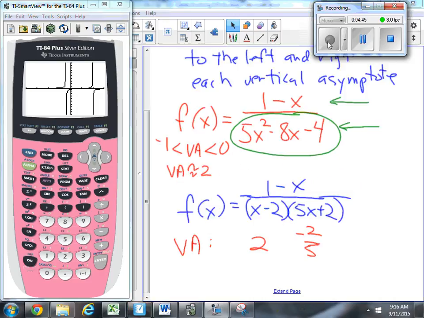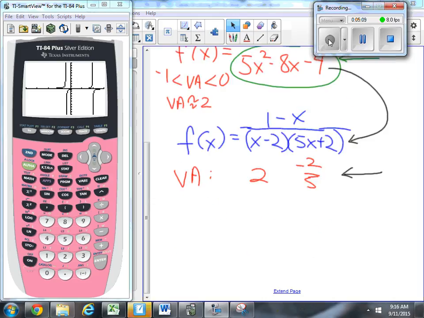So I've rewritten my function in factored form, and I've identified here what I think are the vertical asymptotes. I could go ahead and confirm that using tables, but I'm pretty comfortable looking at the graph and with the algebra that I just did.